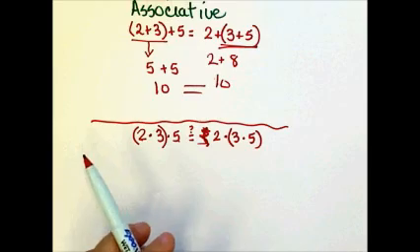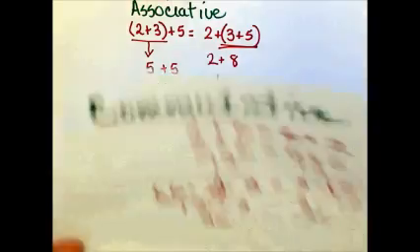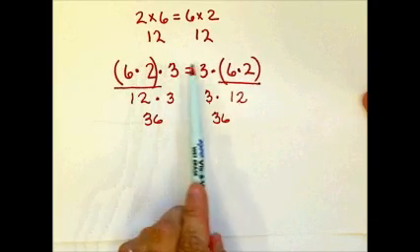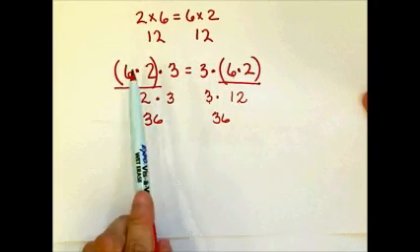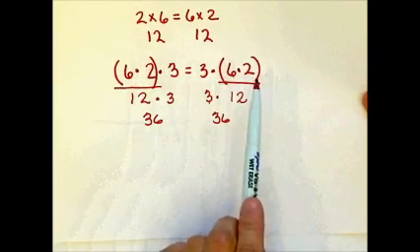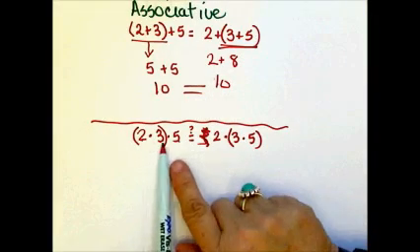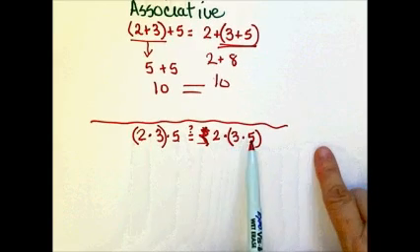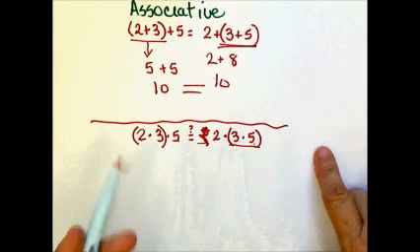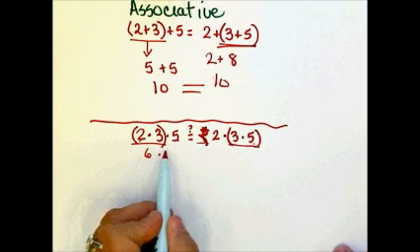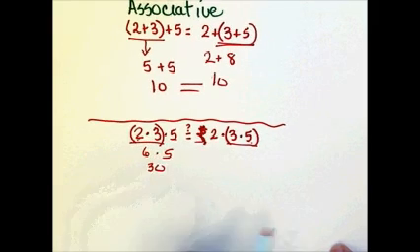So remember that the difference between commutative and associative is that in commutative my numbers switch their order. What's first is last over here. Now, with the associative property, I'm just grouping different numbers together, but the order stays the same. So 2 times 3 is 6, and 6 times 5 is 30 on the left-hand side.